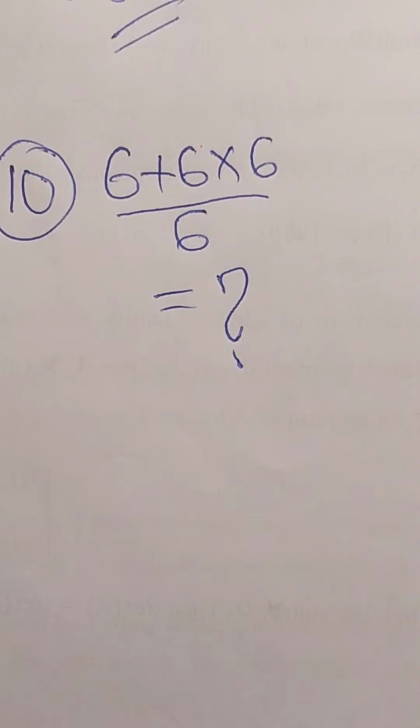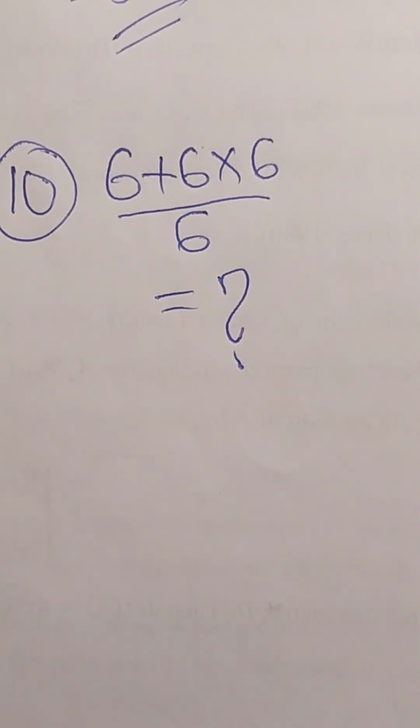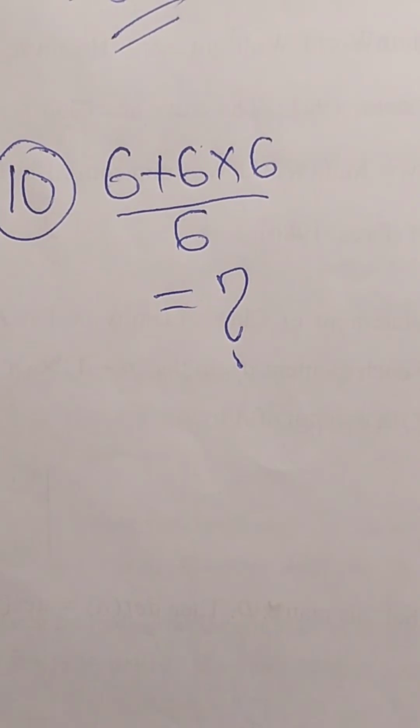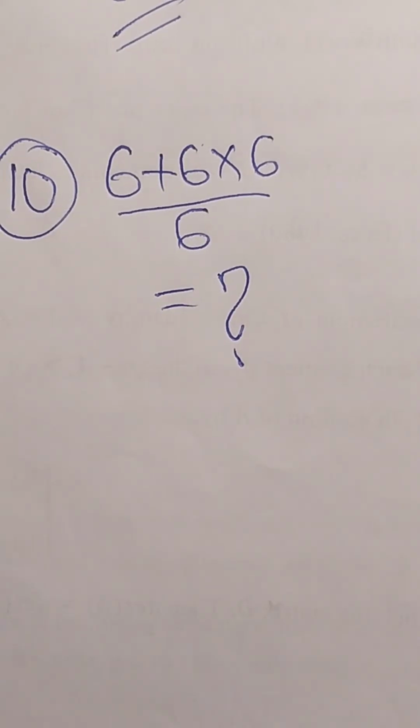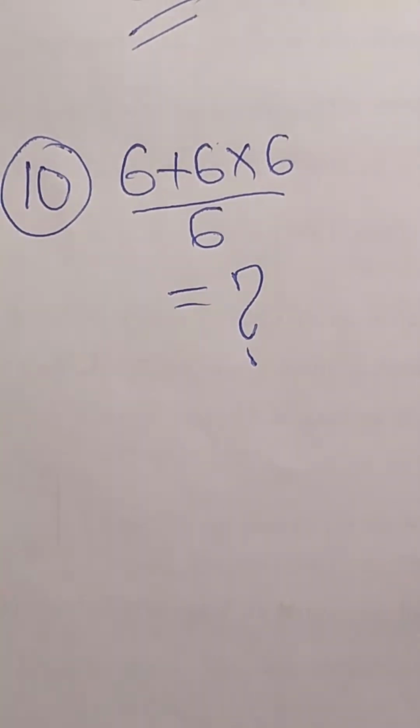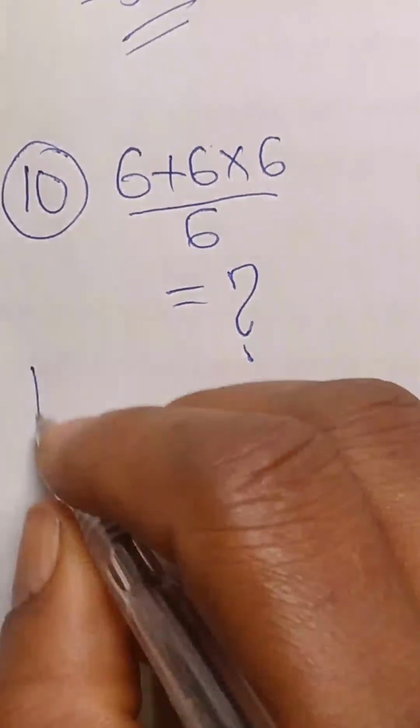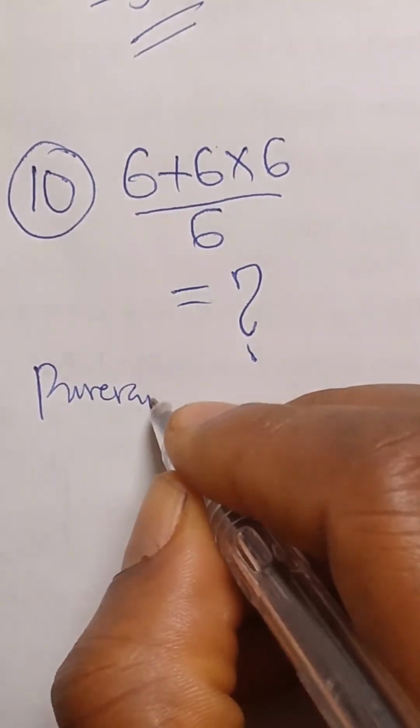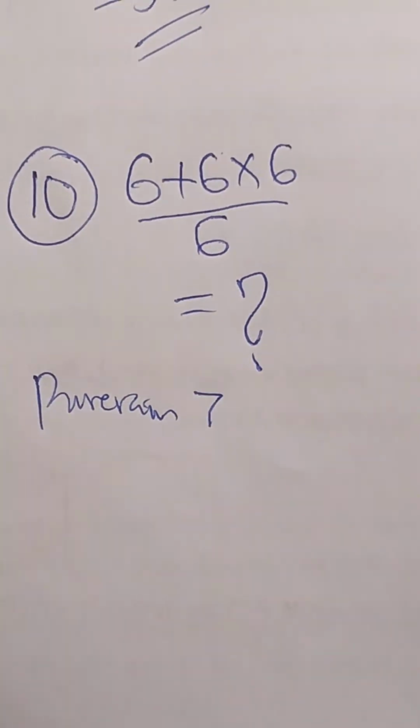So solve this. Let me see your answer. 6 plus 6 times 6 is equal to what? Okay, Pure Rain says 7.